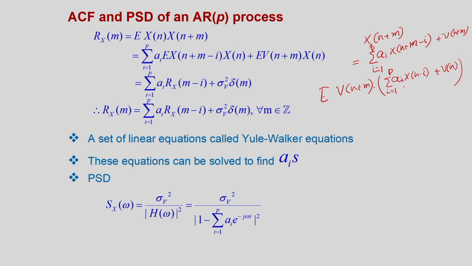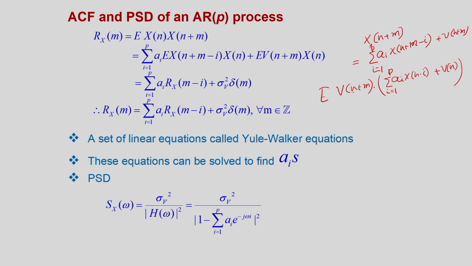Now, these are the past signals and this is the future input. So, they are uncorrelated, because the x[n minus i] terms depend only on the previous inputs, not on future input. Therefore, this expression and the other will be uncorrelated. Here v[n] and v[n plus m] will be uncorrelated, but there will be a finite value, the variance, corresponding to m equal to 0.